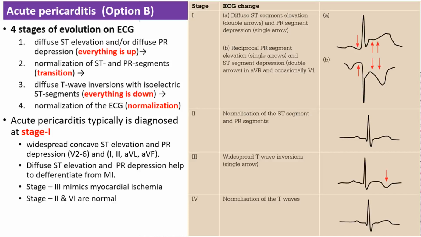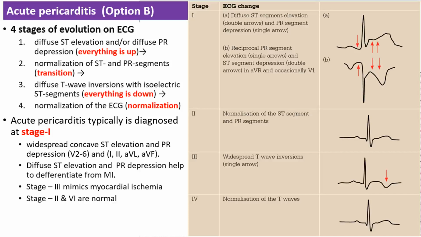The second stage, occurring 1 to 3 weeks after onset, is characterized by the normalization of ST segments and generalized T-wave flattening. The third stage, spanning 3 weeks to several weeks, features T-waves that become inverted. Finally, in the fourth stage, the ECG either returns to normal or persistent T-wave inversions are observed.